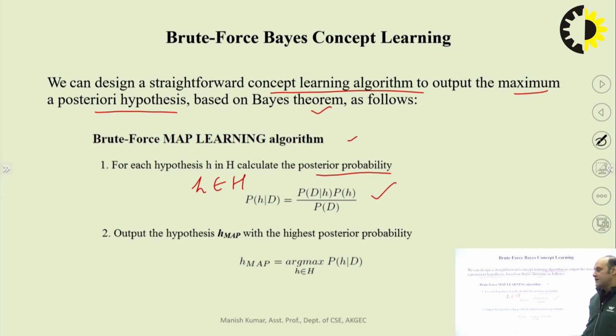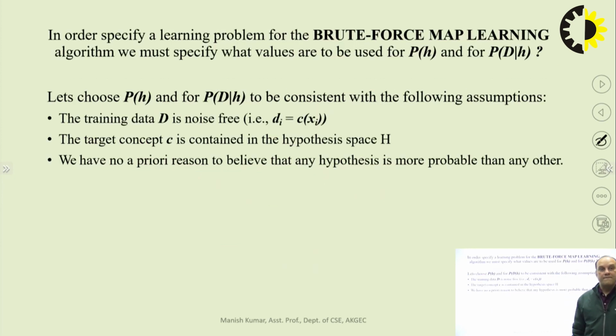Number two: output the hypothesis h_MAP with the highest posterior probability, argmax over h belonging to H of P(h|D). This is the learning algorithm related to concept learning. In order to specify a learning problem for the brute force MAP learning algorithm, we must specify the values used for P(h) and P(D|h).